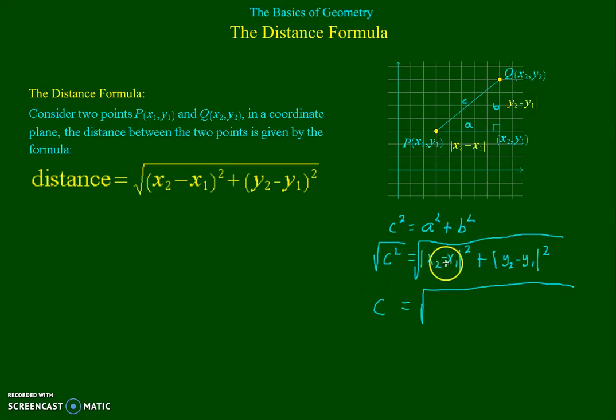So in either case, we don't really need this absolute value symbol here because we're squaring it. So it's simply x2 minus x1 squared plus the same thing here, y2 minus y1 squared.